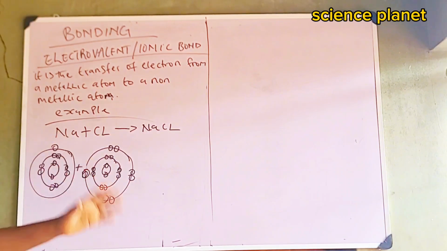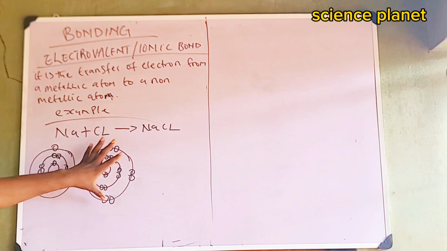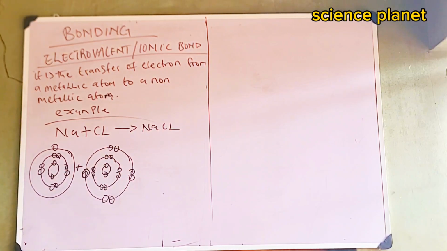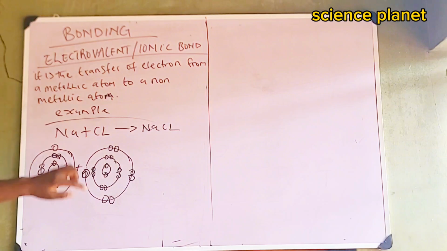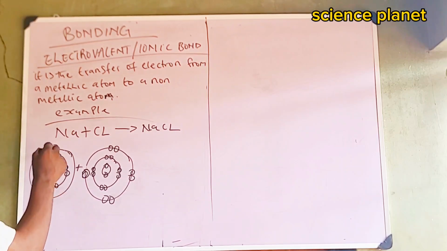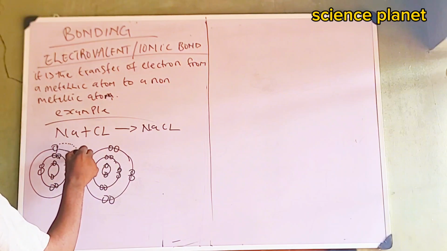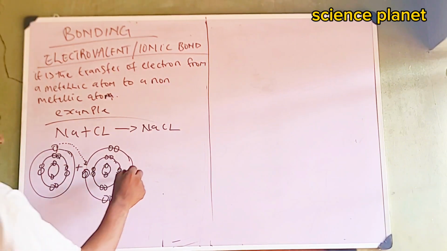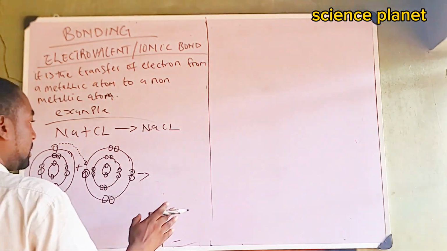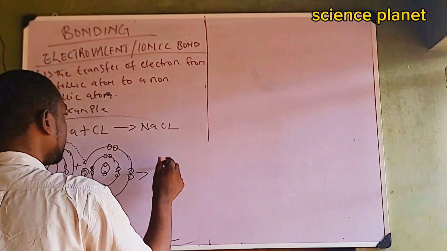Chlorine needs 1 valence electron to complete 8 and attain octet stability, while sodium needs to donate 1 so that it will be reduced and attain octet stability. So the both of them come together, and sodium will donate its electron to chlorine.